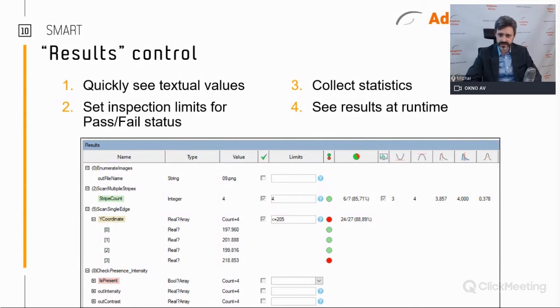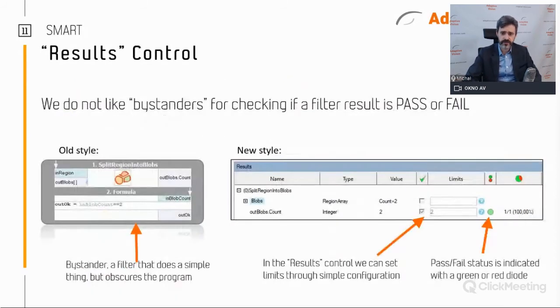But it also collects statistics like minimal, maximal, average value that appeared in all iterations. And it also can be used, this is actually still work in progress, to see textual results in the runtime environment. This control partially solves the problem of bystanders.